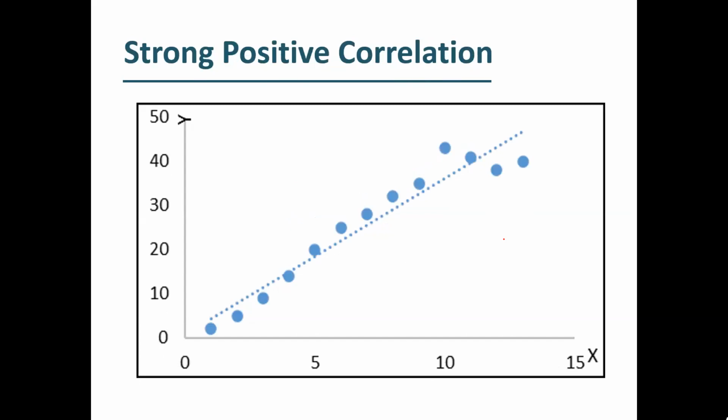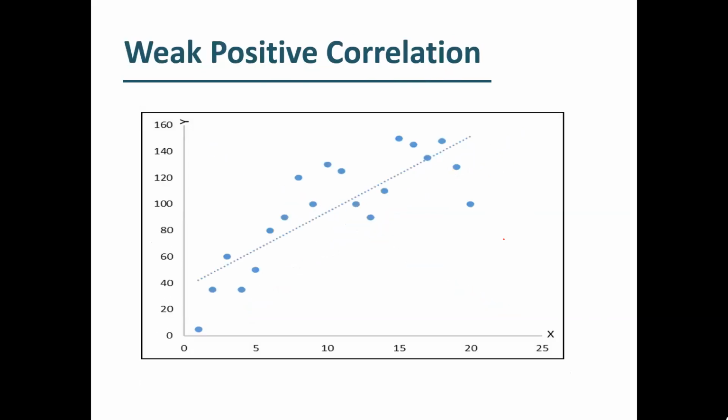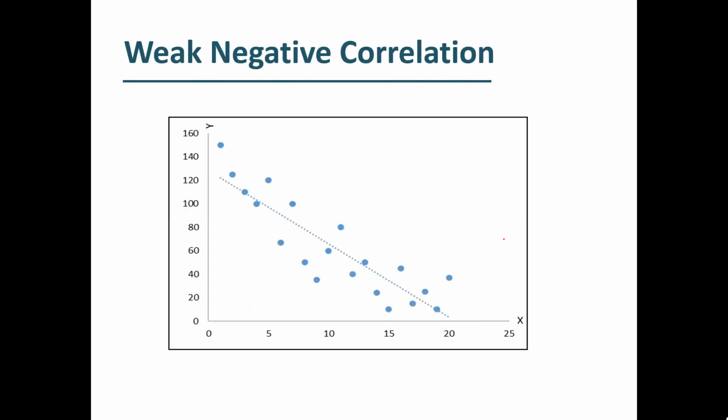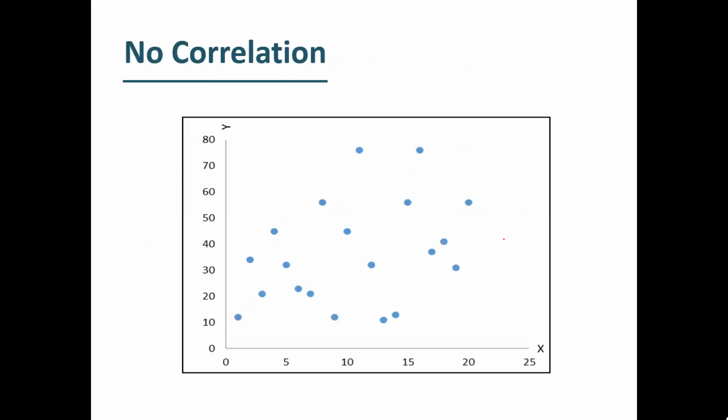If you compare this with strong positive, the data points are far from the line, and therefore we have weak positive association between x and y. Similarly, we have weak negative association. And here we don't have any particular pattern, and therefore there is no correlation, or no association between x and y.